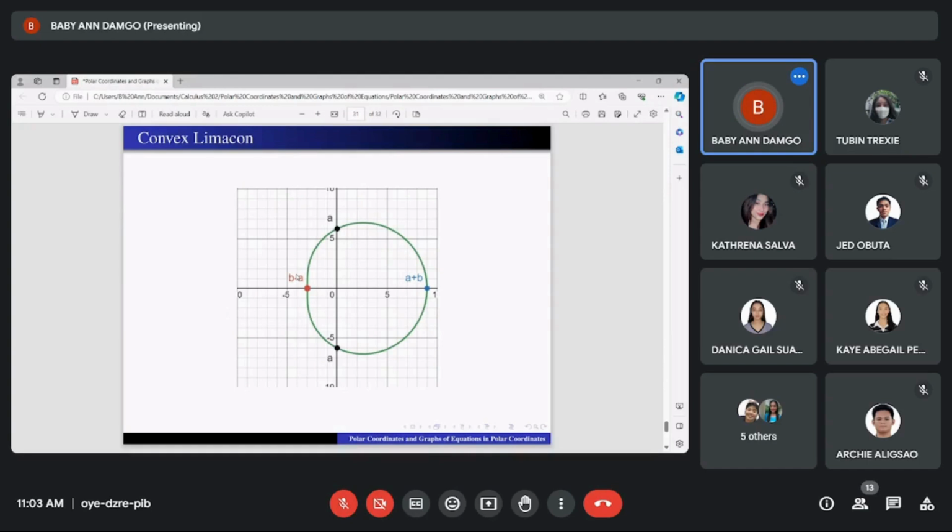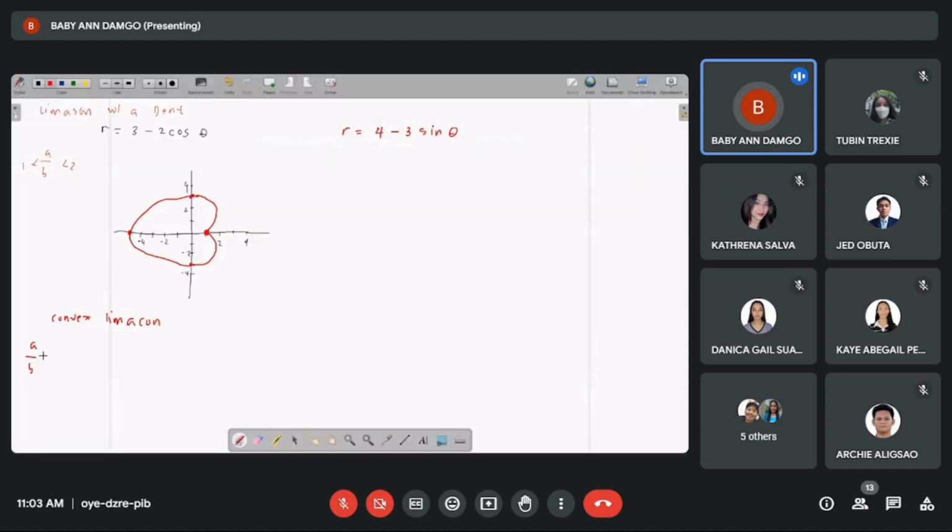A over B is greater than or equal to 2. So we have convex limason.